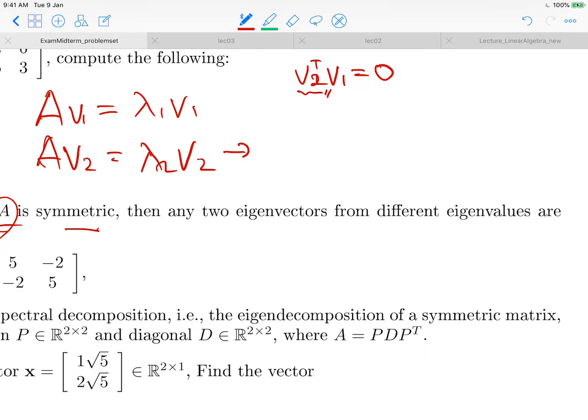So let's transpose this: V2 transpose, A transpose, lambda 2 and V2 transpose.